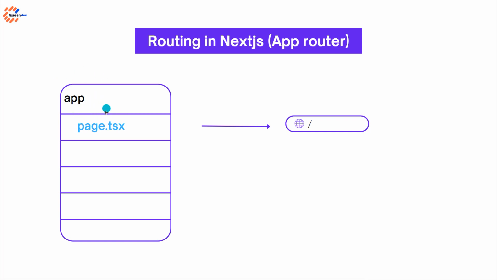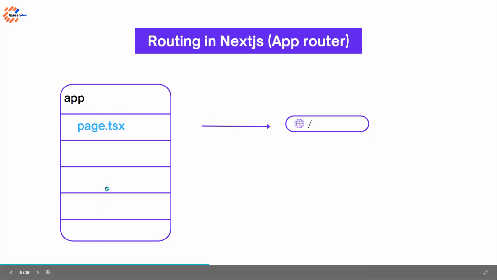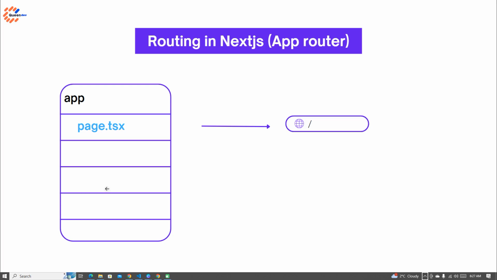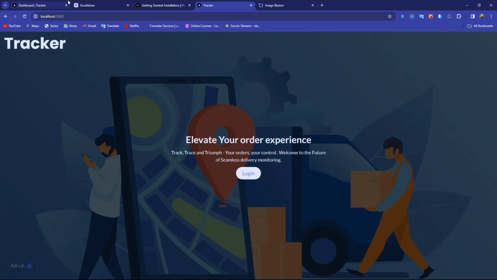That is, when you navigate to this URL, if you go to the application we are building now, if you go to localhost 3000 slash, we are going to read this page.tsx because it is embedded in the root directory of this app directory here. So let me show you. If we go to our application and see what I'm talking about here. You see, we are able to view all of this here just by calling this localhost 3000 here.